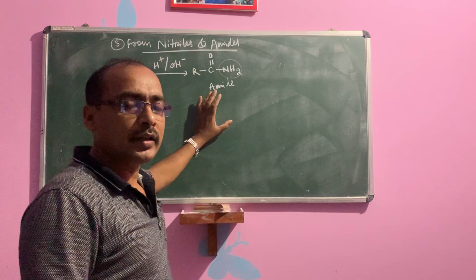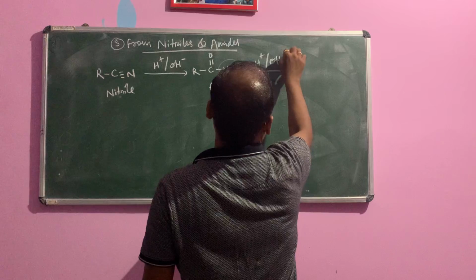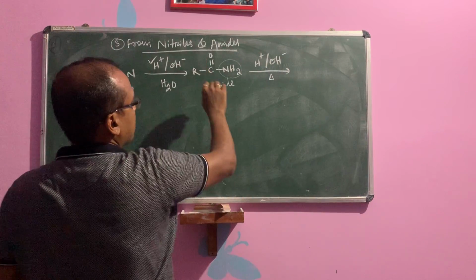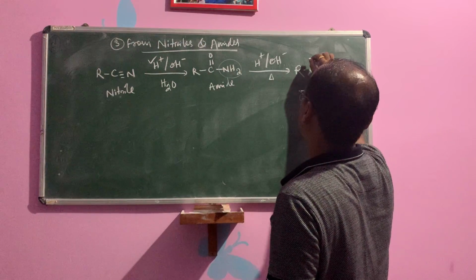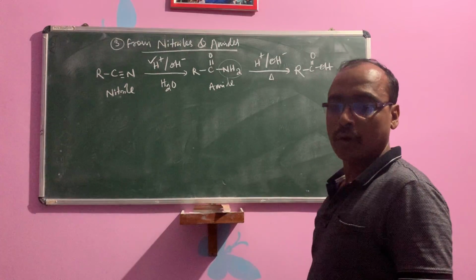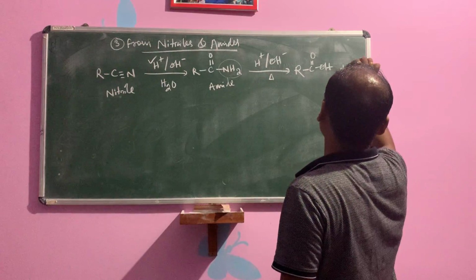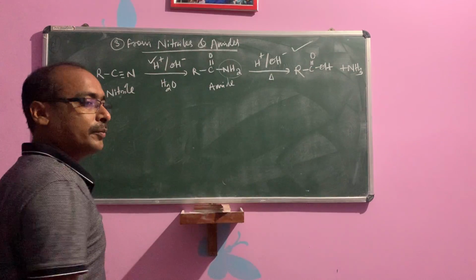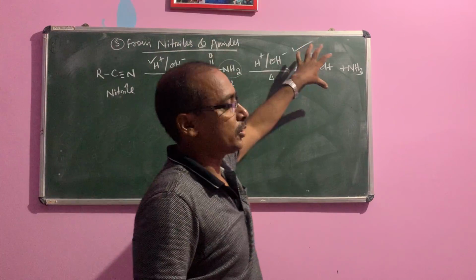Then again, if you heat in presence of H plus and OH minus, giving water, it will form RCOOH, and ammonia is removed as a byproduct. This is from the nitrile to the amide, then the carboxylic acid.